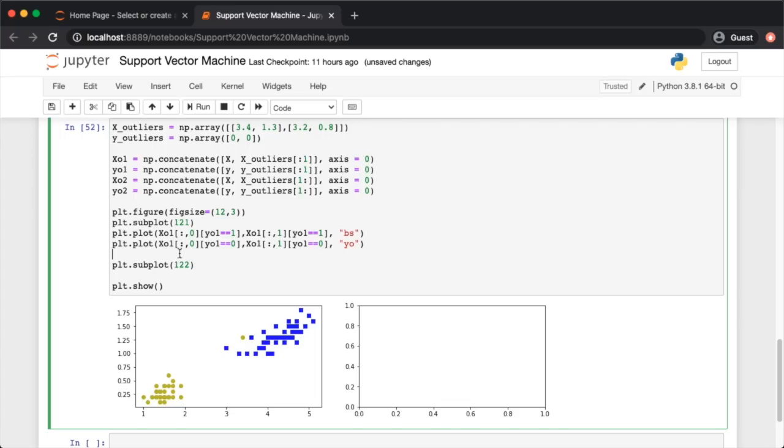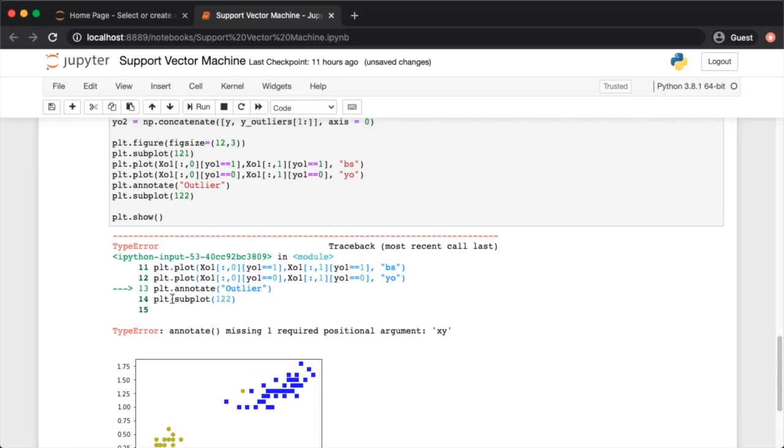Okay, so the way you can do this is using the annotate function of plot. Say this is an outlier. Okay, it's missing some arguments that are the xy that should be pointing on the first outlier as such.